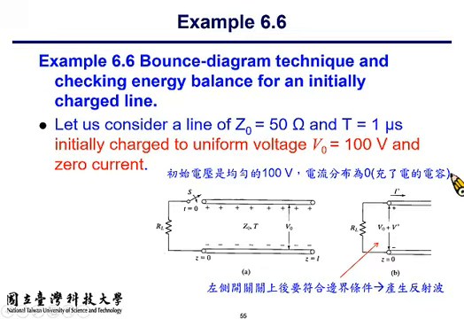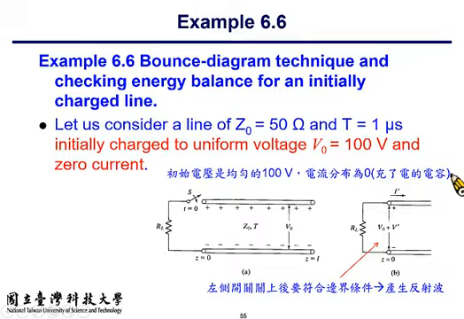Okay, so let's consider a line of characteristic impedance of 50 ohm. Again, the length of the transmission line is equivalent to 1 microsecond of propagation delay. Initially, it's charged to a uniform voltage of 100 volt and 0 current.